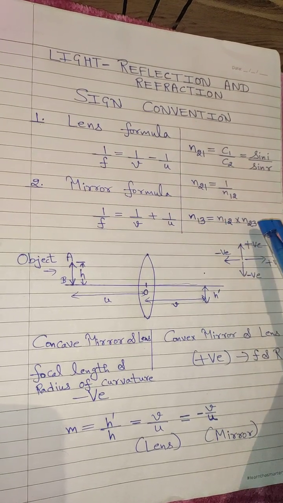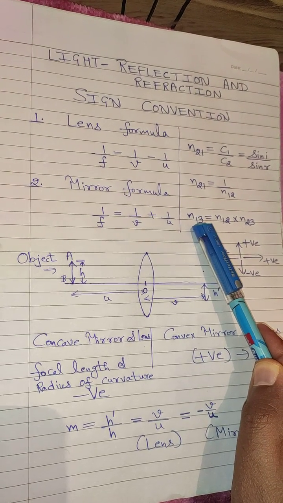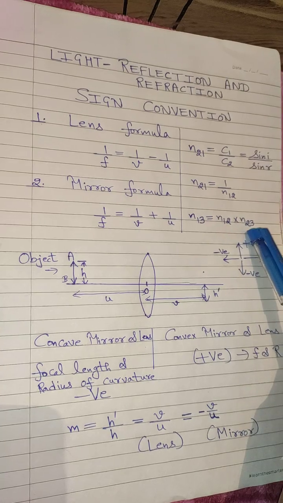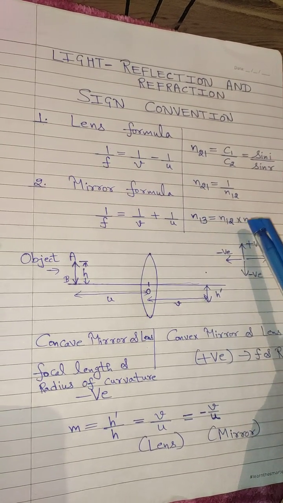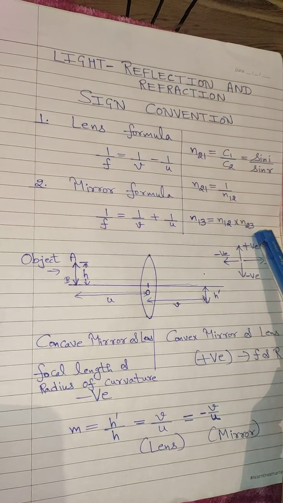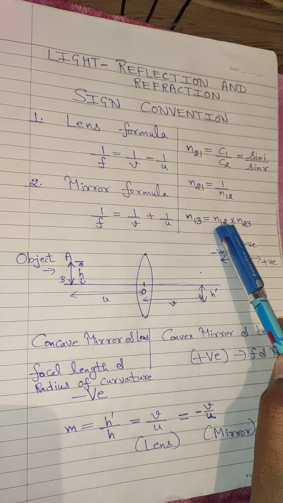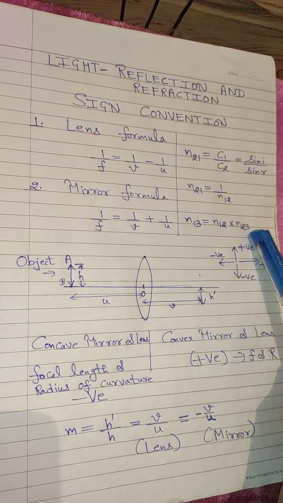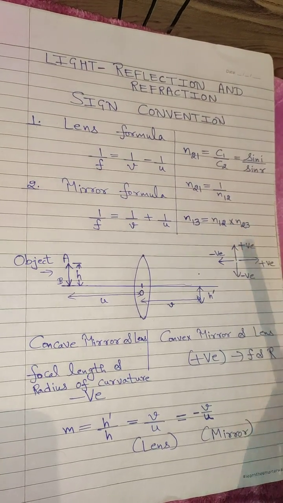You will first write n, then you will write the 1 here and the 3 here, and in between these two positions you will write 2. This is the second medium, and the first and third media come at the first and last positions. So I am repeating again, the 1 will come here and the 3 will come at the last position for making the formula, and the second medium will come in both middle places.